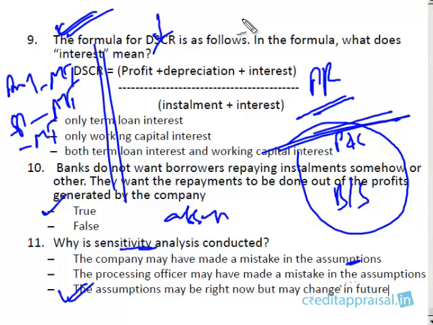It asks what if the selling price drops by say 10%? Is the unit strong enough, viable enough, that even in that scenario the repayment can be met? What if the raw material cost increases by 10%? Can the unit still service the repayment obligation? That is what sensitivity analysis does. The assumptions are correct at the time of appraisal, but what if they change in future? It is for that purpose we calculate sensitivity analysis, right?